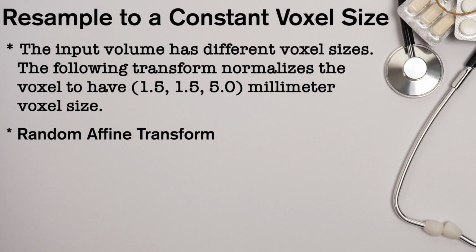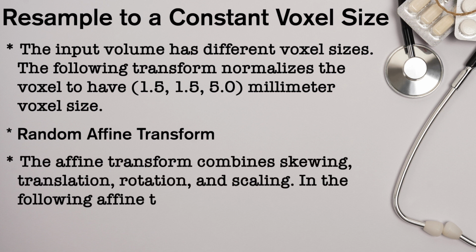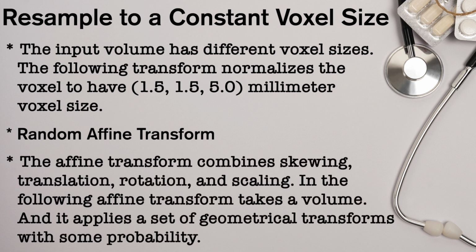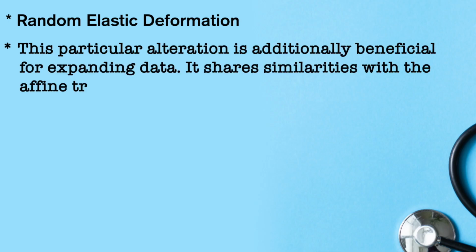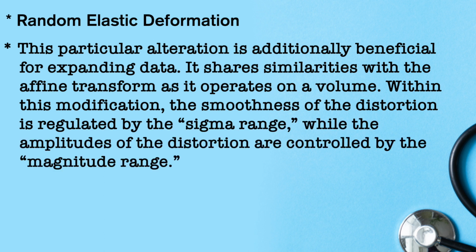Random affine transform. This affine transform combines skewing, translation, rotation and scaling. The following affine transform takes a volume and applies a set of geometrical transforms with some probability. Random elastic deformation. This particular alteration is additionally beneficial for expanding data.